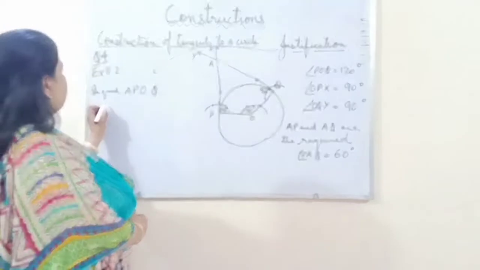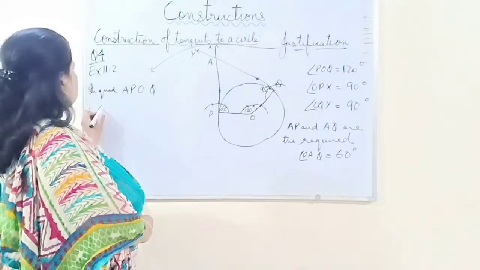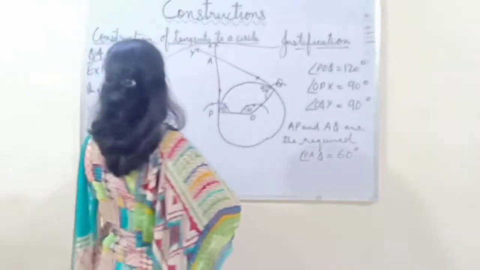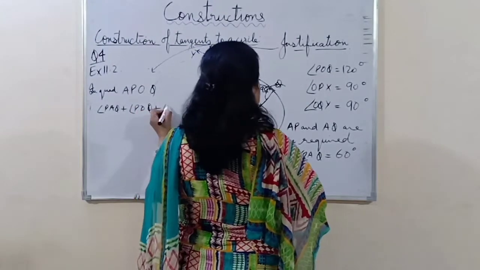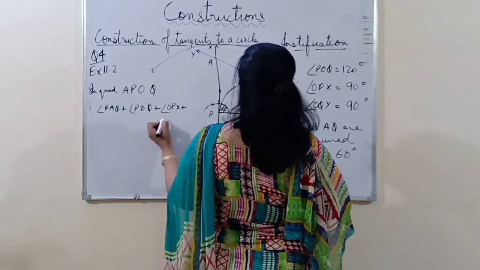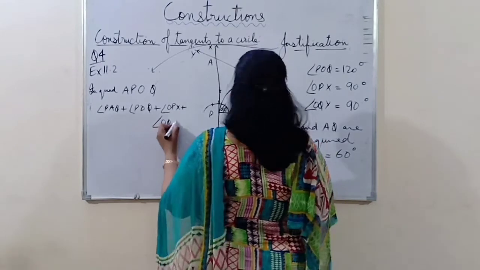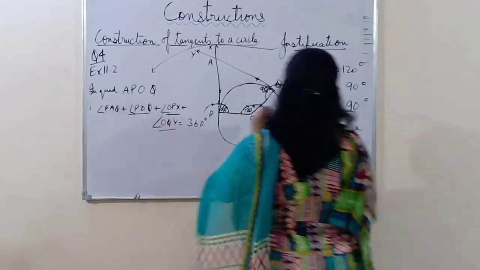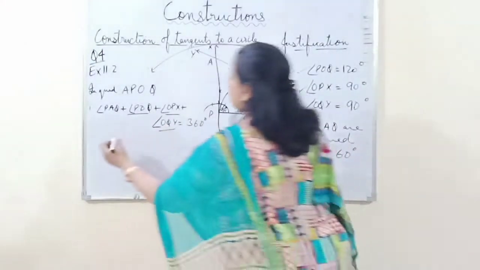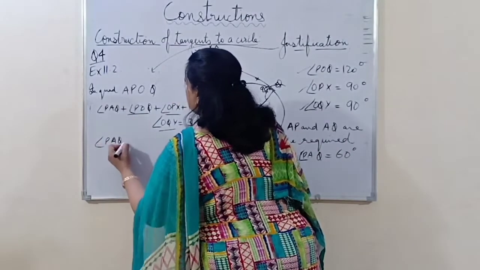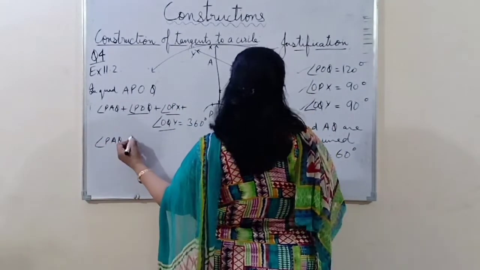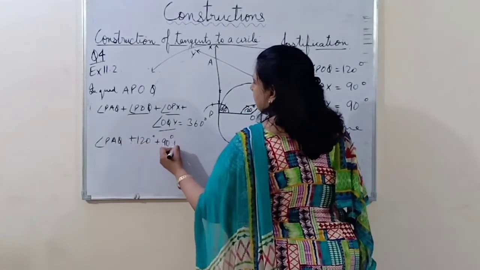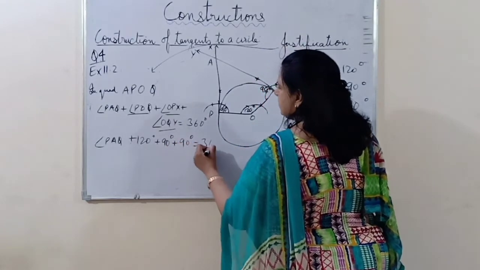So you have angle PAQ plus angle POQ plus angle OPX plus angle OQY equal to 360 degrees. Now these three angles are known. We have written here. So we'll substitute the values. Angle PAQ plus 120 degree plus 90 degree plus 90 degree equal to 360 degree.